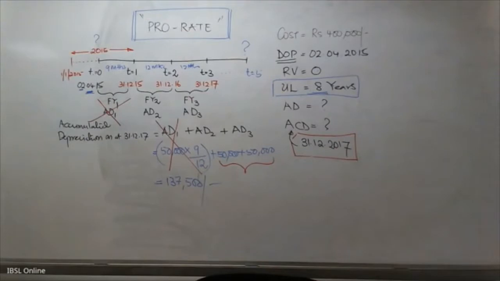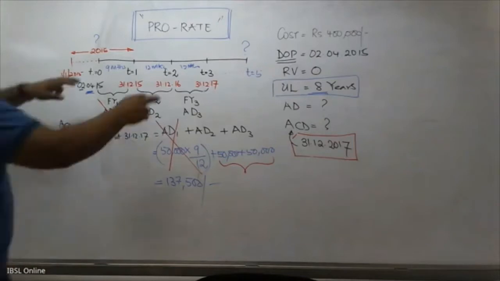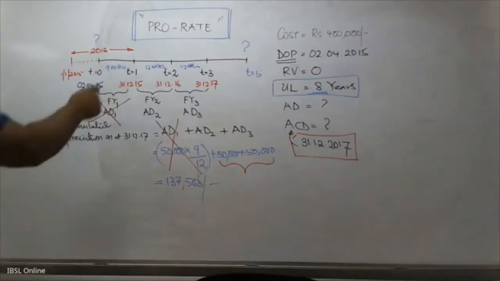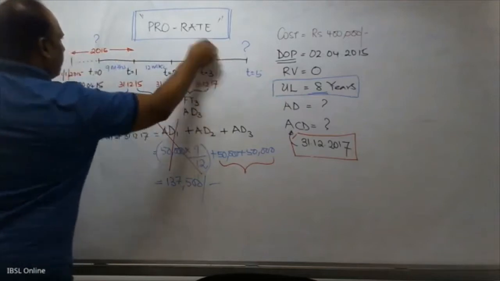So if they don't talk about the policy at all, whether to depreciate full in the year of purchase or in the year of disposal, nothing is given, I will stick to the prorate convention. Even in examination, you can say, in the absence of the company's depreciation policy, it is assumed that depreciation is provided on prorate convention.